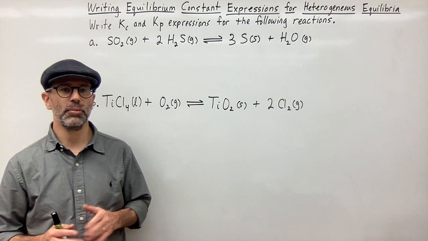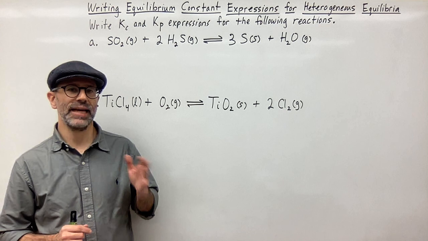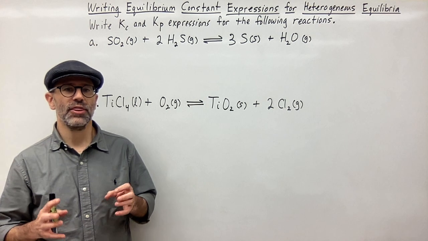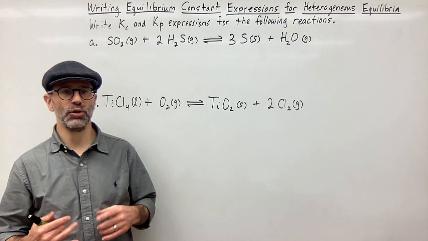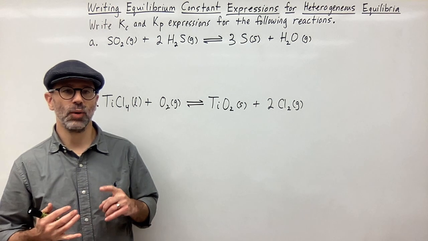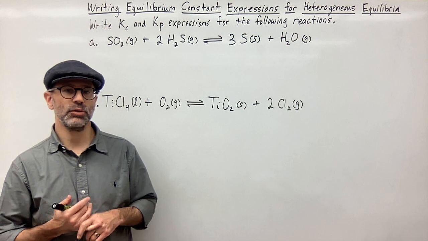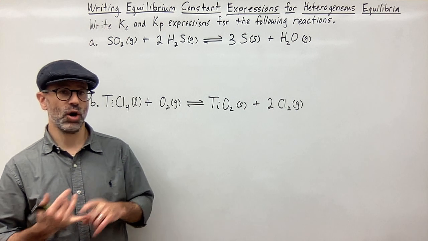If you remember from a previous video, when you're writing your K expressions, whether it be Kc or Kp, we only include things that change in concentration over time. So that would include gases as well as aqueous solutions. Solids and liquids do not really change their concentration over time, so we don't include those.